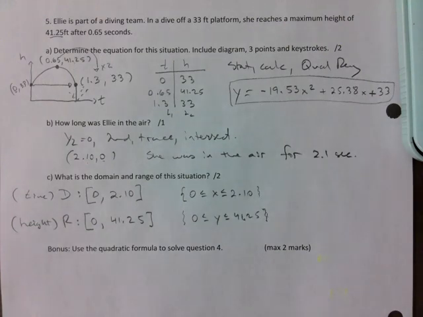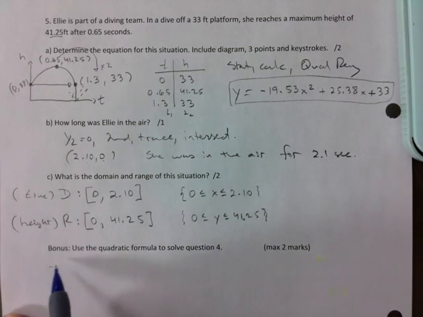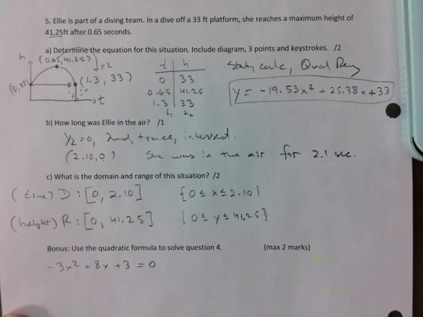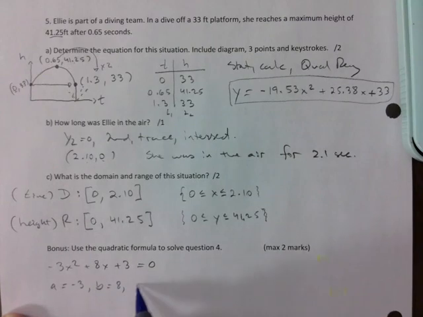Use the quadratic formula to solve question 4. You know what? I already did the work of rewriting it, so I might as well do it. So a is equal to -3, b is equal to 8, c is equal to 3.